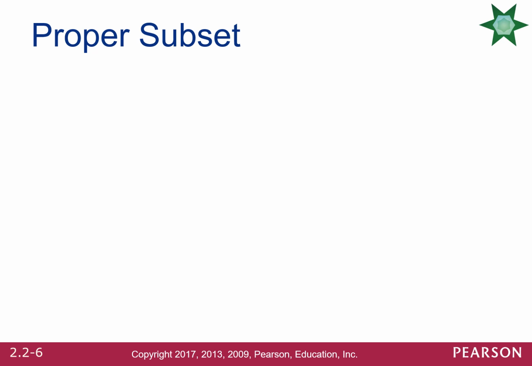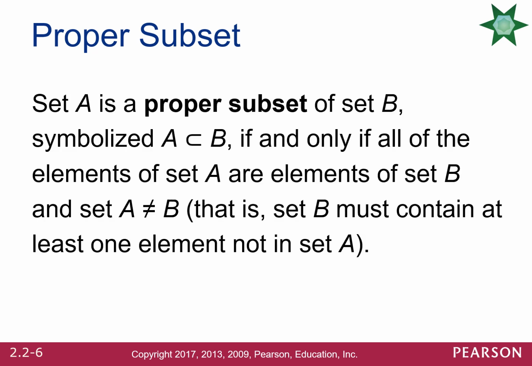Now we'll talk about a special type of subset called a proper subset. So what is a proper subset? Here's a definition of it. It says set A is a proper subset of set B, symbolized A is, and you indicate a proper subset as this horizontally placed U, but there's no line under it.